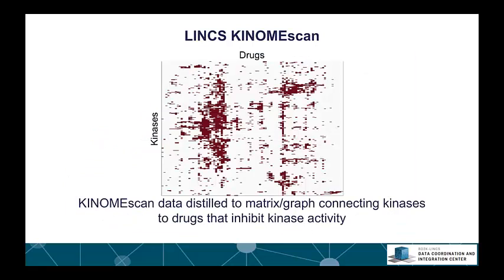This heat map is a visualization of a bipartite graph derived from the KINOMEscan data. Kinases label the rows, small molecules label the columns, and the matrix values correspond to edge weights. In this case, the edge weights were thresholded at 0.95 to create a binary matrix.